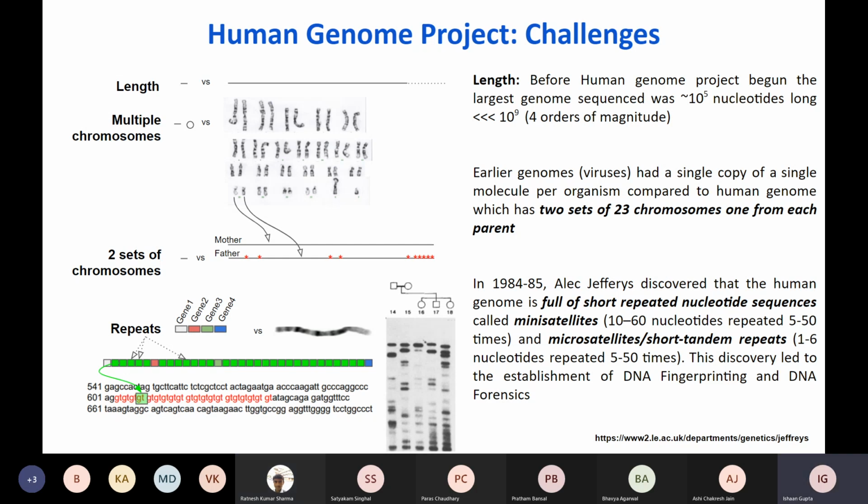Yeah. So RFLP as a technique basically relies on the fact that there are going to be regions where a restriction enzyme can cut. RFLP stands for restriction fragment length polymorphism.